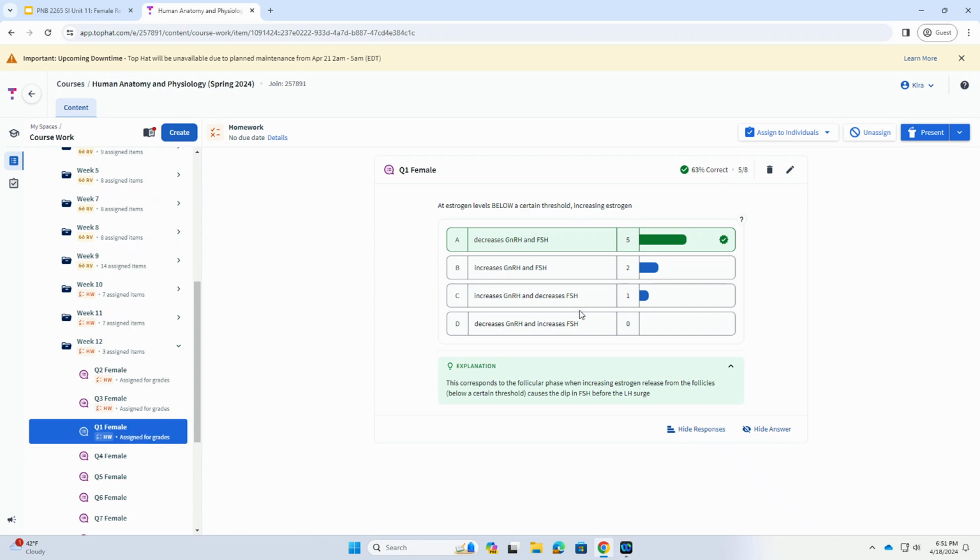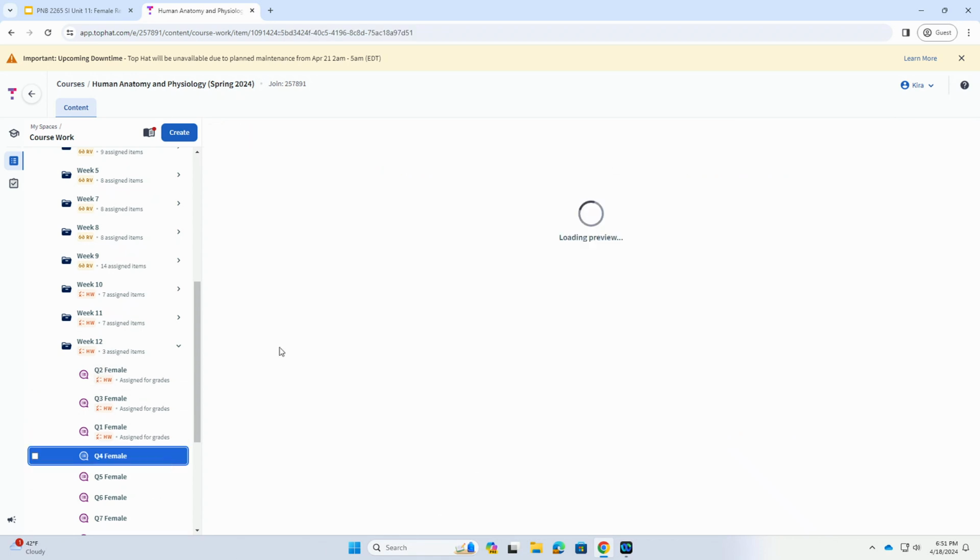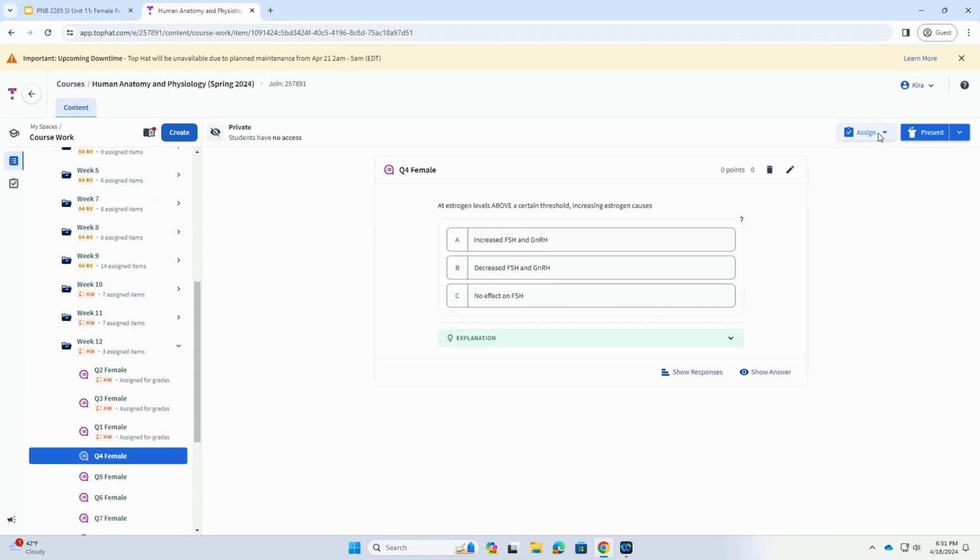This is really specific and I wouldn't worry about this too much. This is a hard question. I'm just emphasizing it so that when you run through this, you can completely understand all the trends that are going on. Okay, so this is the opposite. At estrogen levels above a certain threshold, increasing estrogen causes what?